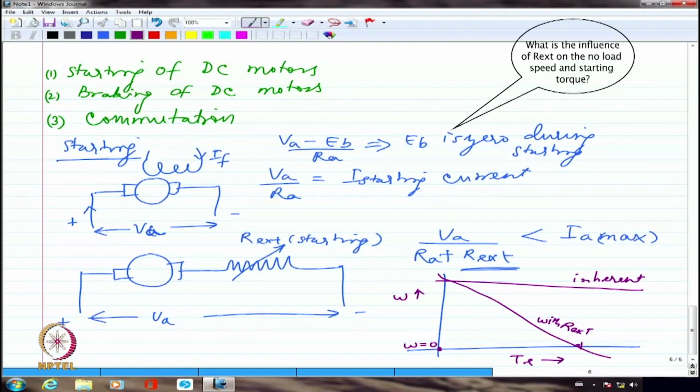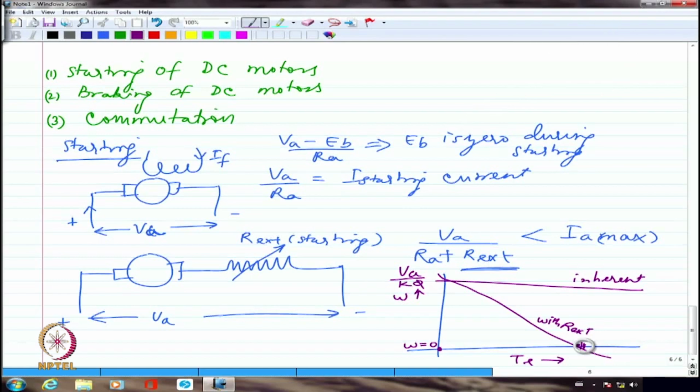The intersection point with the omega axis, and then R should be lower than the inherent. This is fine. Why should it be? I am applying the same voltage. Because now omega is equal to VA upon K phi.